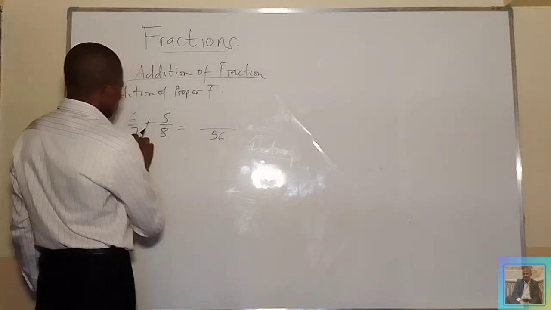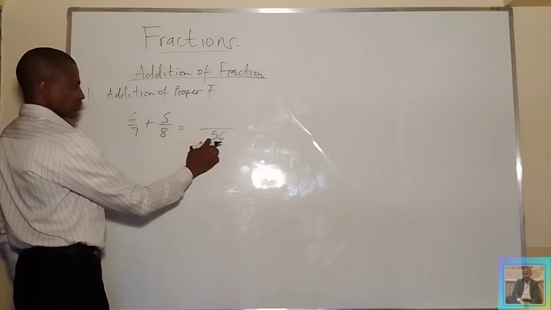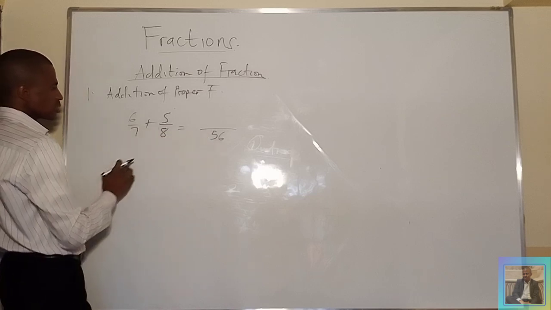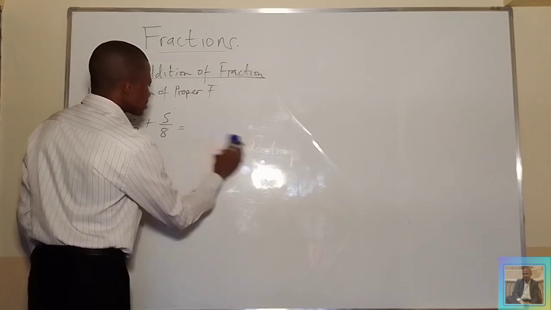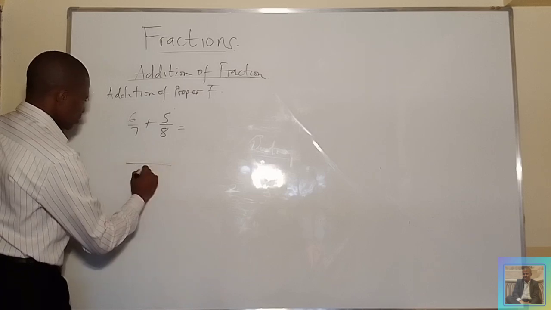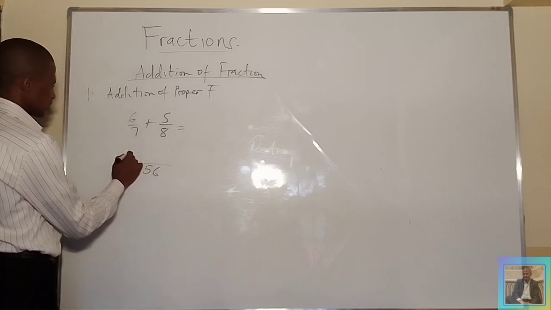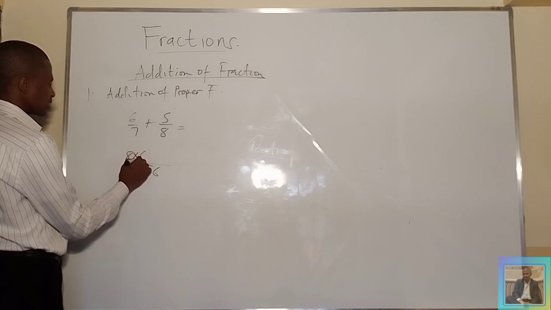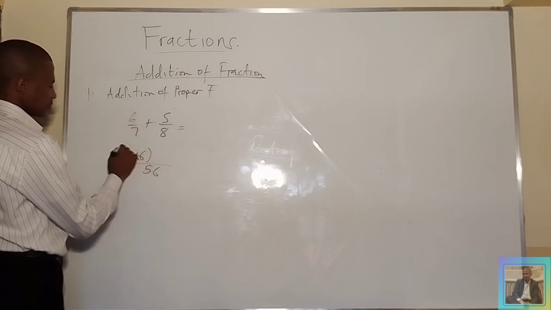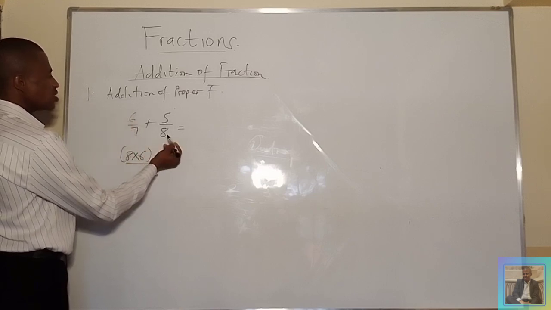So we are going to say, how many of these 7 do we have in 56? That's 8. Then we multiply it by the 6. Then we add. How many of these 8 can we find in 56? 7.